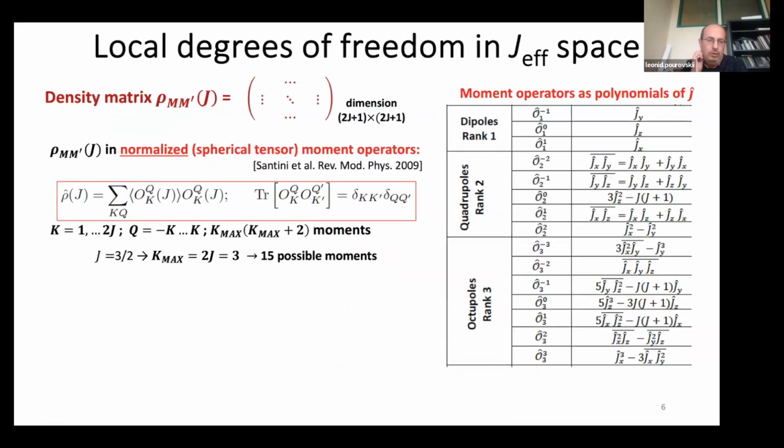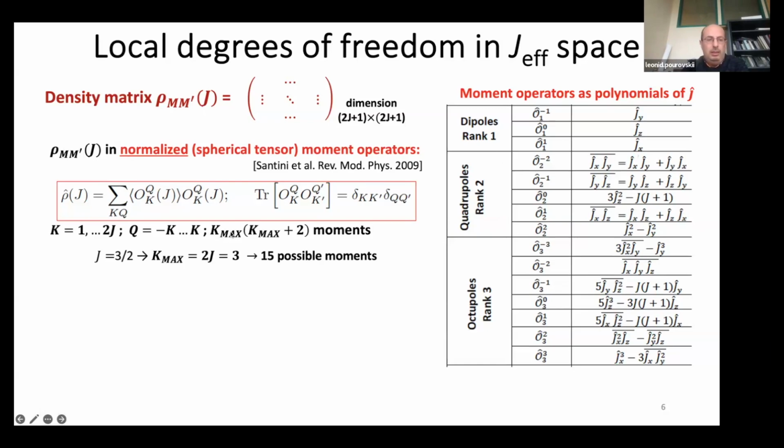One can introduce this in a little bit more systematic fashion by just considering the density matrix of a given effective J space. It is known that this density matrix can be expanded into multipoles. This is the multipole expansion. These four are actually the same operators which I showed before, but just normalized. On the right, I show a table of them.